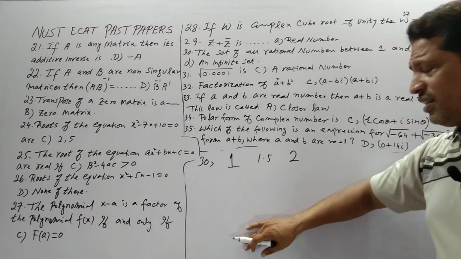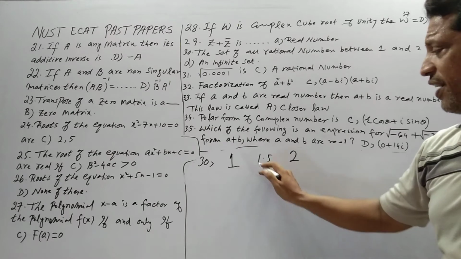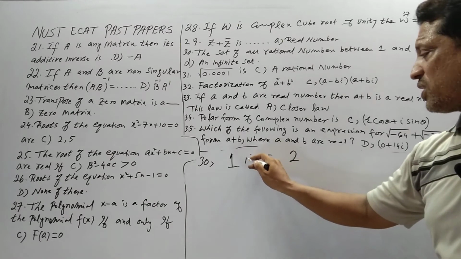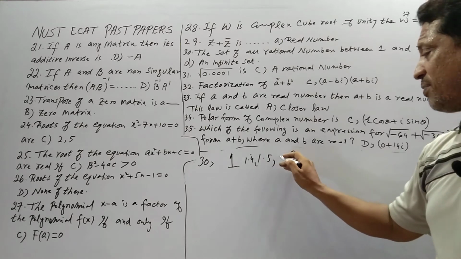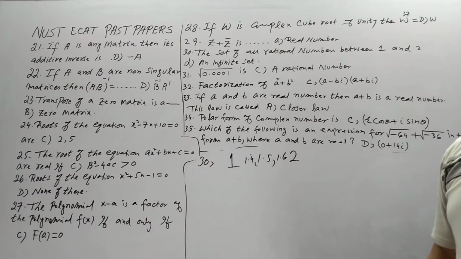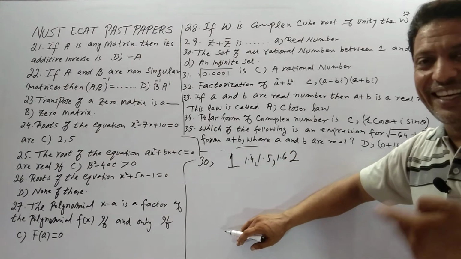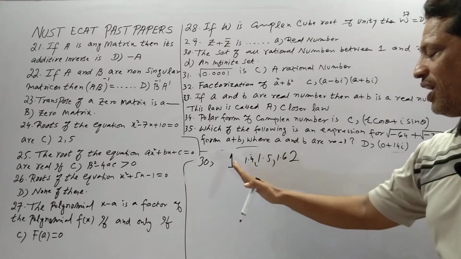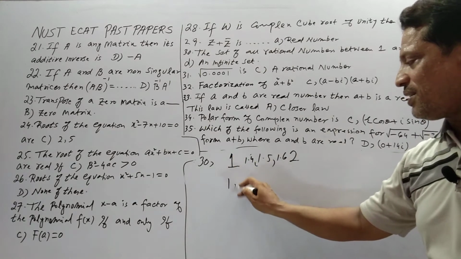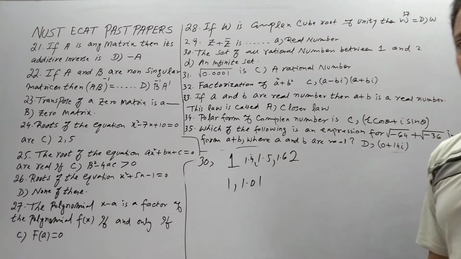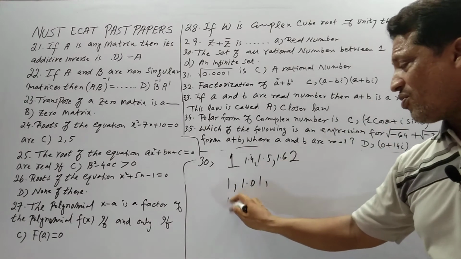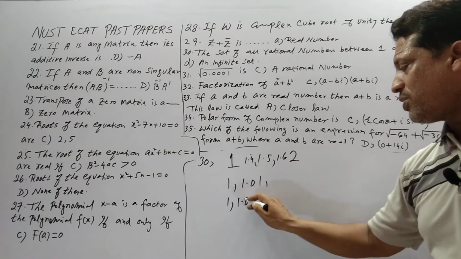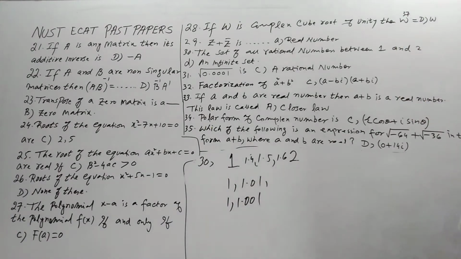But someone says, sir, before 1.5 there is another number which is 1.4, and after 1.5 there is 1.6. But some more intelligent student says, sir, after 1 there is a number 1.01 and 1.02 and so on. And someone says after 1 there is 1.001 and so on.